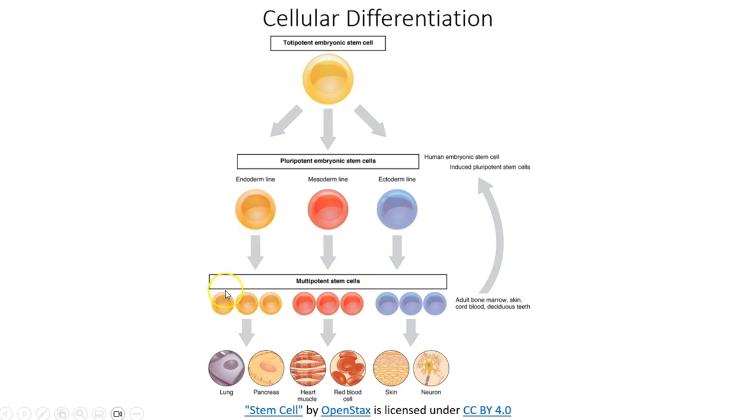So then we're getting something like this that is going to be signaled that it's going to become some type of pancreas cell. There's multiple types of cells in the pancreas. So that knows it's going to go to the pancreas. It just doesn't know what cell type in the pancreas it's going to be yet. All right, so that's just kind of that overview.